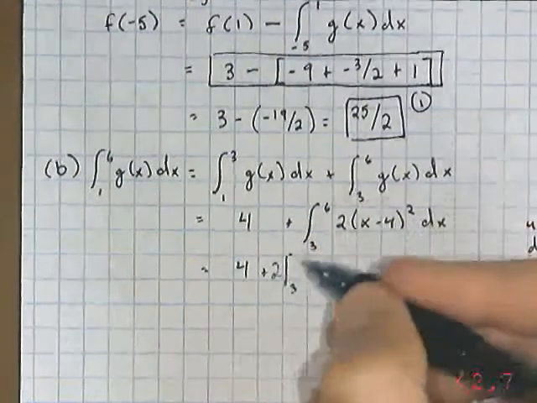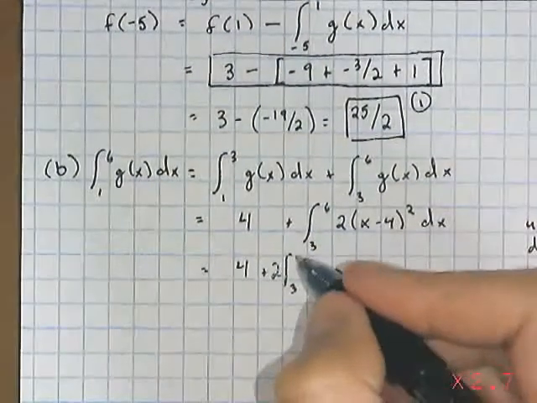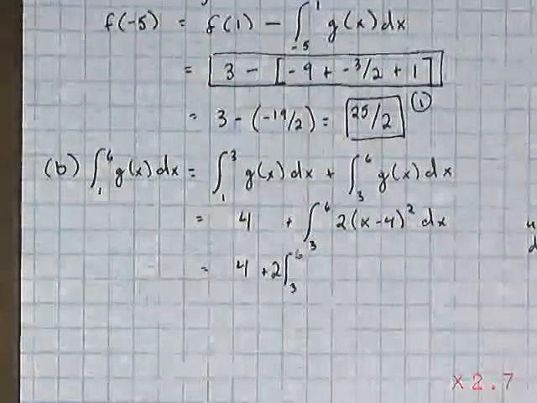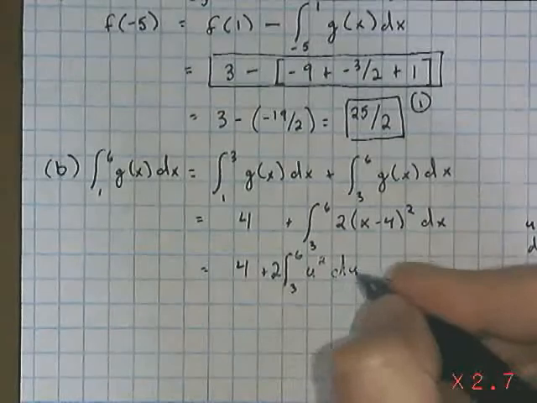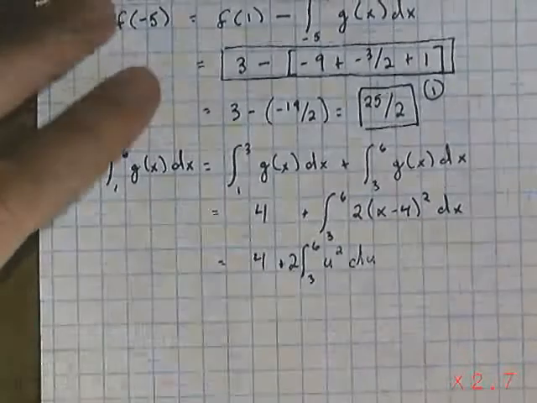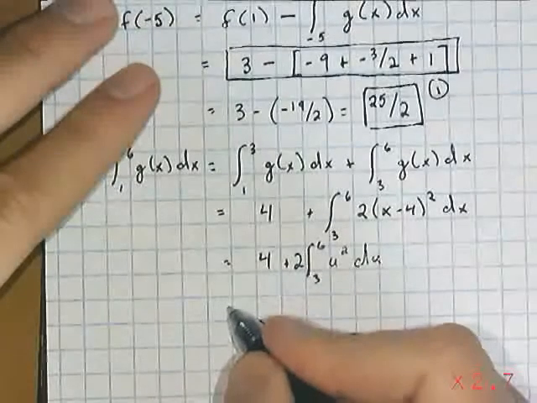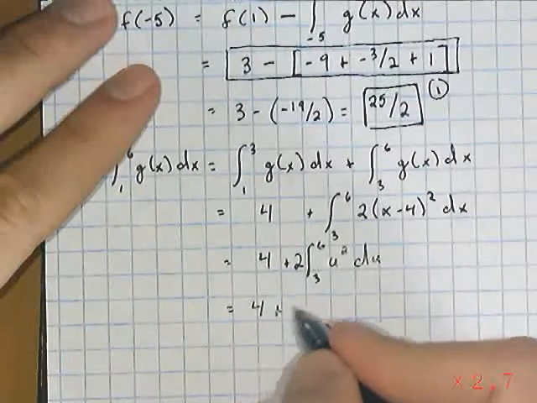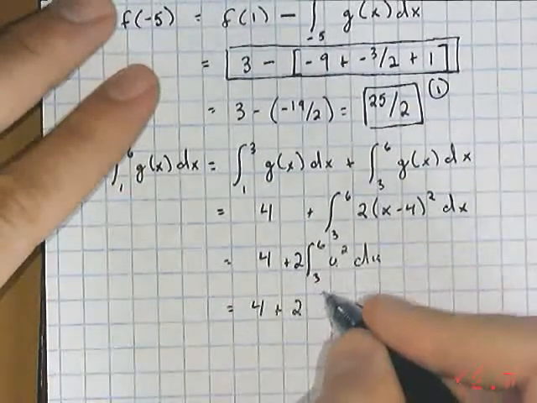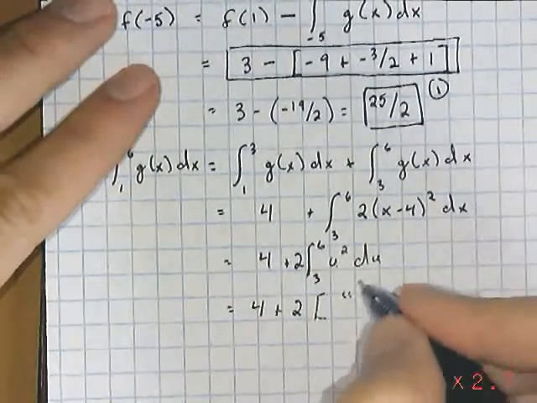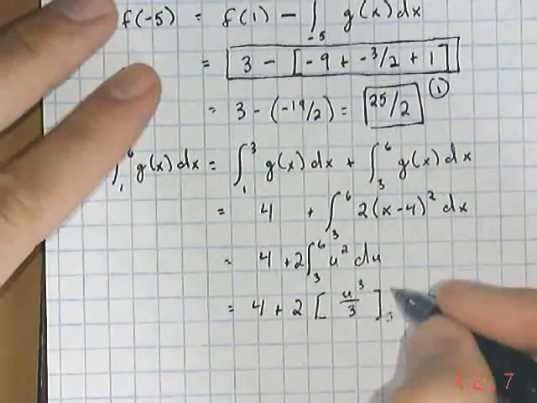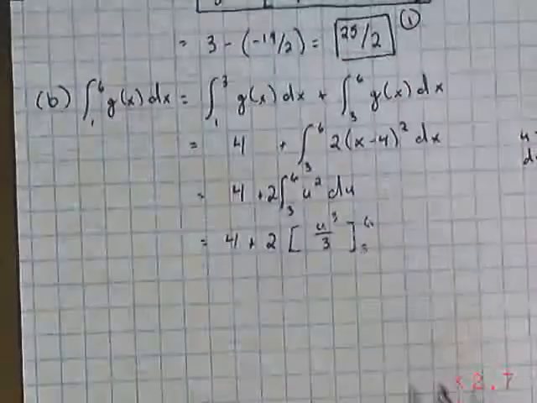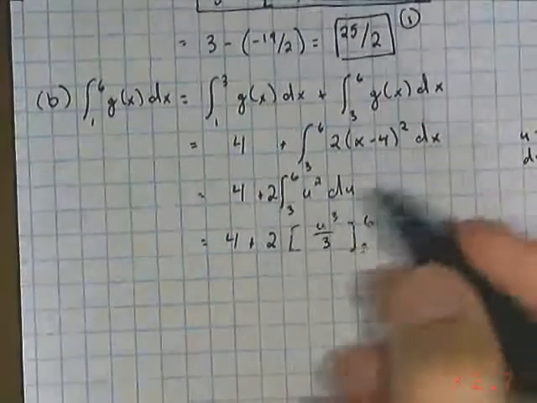Twice the integral from 3 to 6 of u squared du. So this is equal to 4 plus 2 times u cubed divided by 3 from 3 to 6. Sub back in for u.